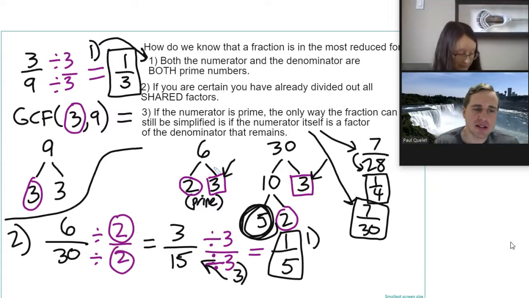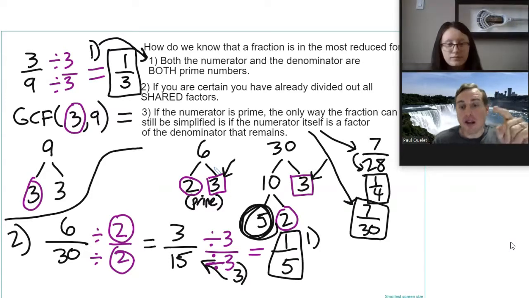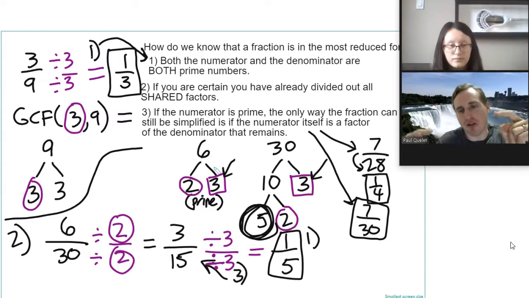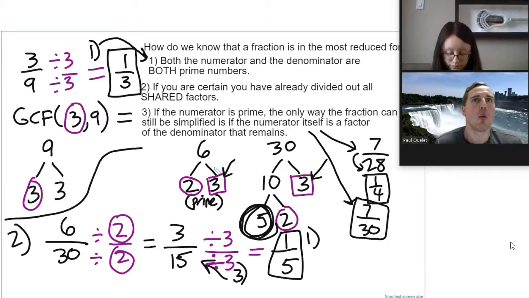We basically said that if one number is prime, the only way that the fraction is not reduced is if that prime number is a factor of the other number. Otherwise, if both numbers are prime, we're done. But if one is not a factor of the other, we're also done.